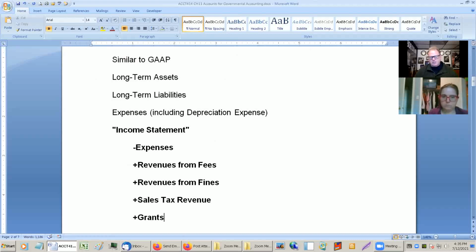Grants could be operating grants. It could also be capital grants, and a capital grant would be for buying equipment and stuff.